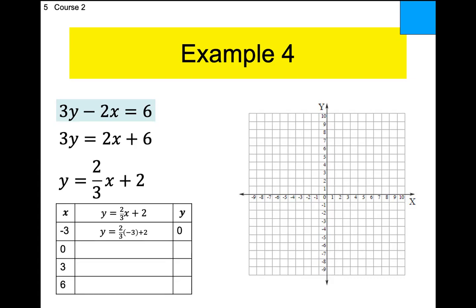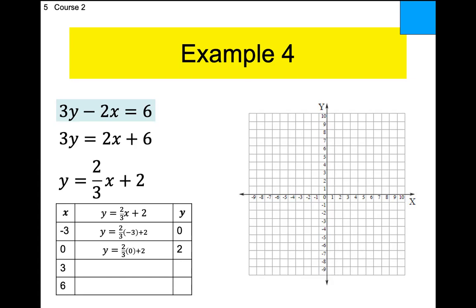Because we picked -3. 0 turns into, that one was easy. How did you get 0? I'm talking about the -3. -3 times 2 is -6, divided by 3 is -2, -2 plus 2 is 0.